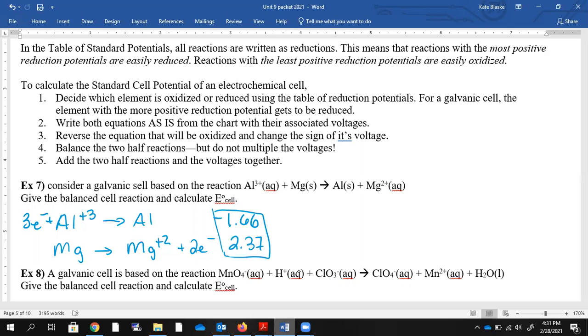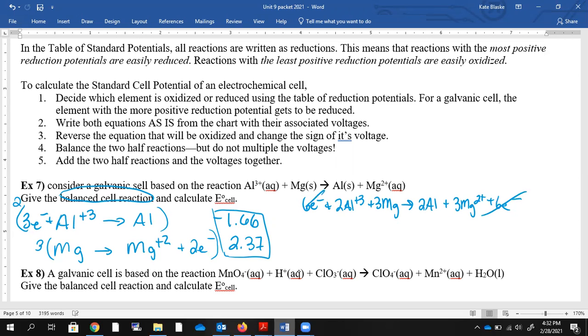Now I can get my balanced equation overall. I've got 3 electrons going in, 2 electrons going out. That's not balanced. I'm going to multiply this one by 2 and this one by 3. So overall, 6 electrons plus 2 aluminum ions plus 3 magnesiums makes 2 aluminum metals plus 3 magnesium ions plus 6 electrons.